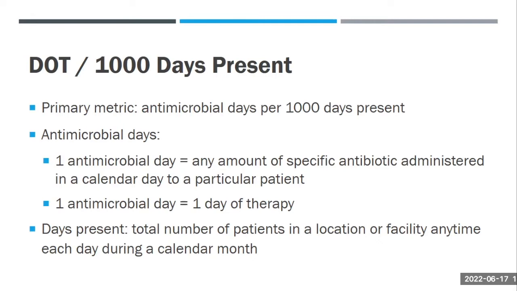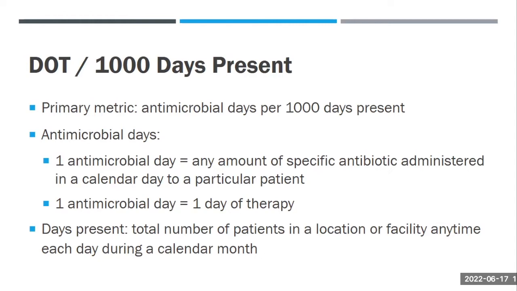If you change your dosing regimen to increase or decrease the dose, you're going to have effects on that metric without changing the number of prescriptions the patients are getting. You're still going to have a patient that got Pip-Tazo that day, but if you go from the 3.375 to the 4.5 gram as your standard dose, you're going to see an increase in that metric, even though the number of patients getting piperacillin-tazobactam hasn't changed. By defining it this way, you're able to eliminate some of that bias, because at the end of the day, what we care about is, did the patient get the antimicrobial that day or not? That's really the way it's defined.